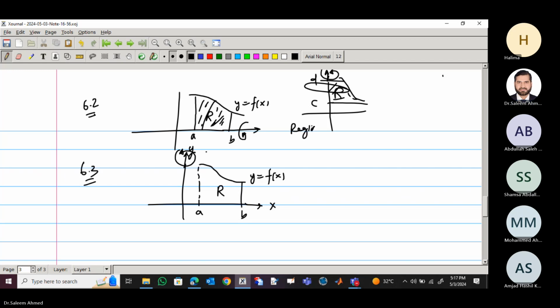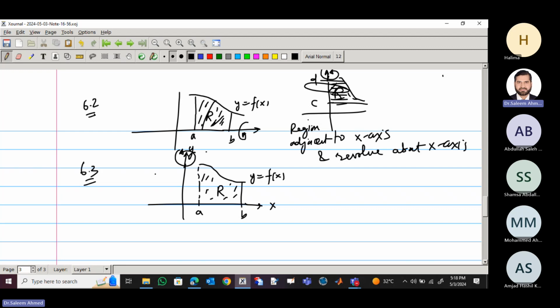Region adjacent to x-axis, right? And revolution again revolve about x-axis, same, right? If the region is with y-axis, revolve about y-axis, the same thing. But if the region is given with x-axis, but you rotate about y-axis, your region goes to the opposite side here. You see, your region will come here, right? After rotation, your region will come here.